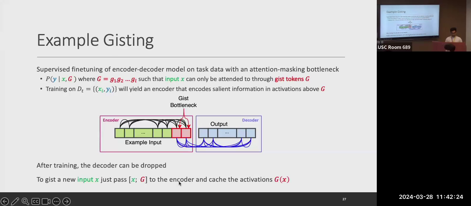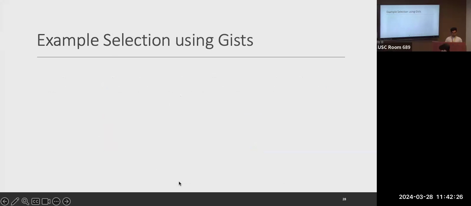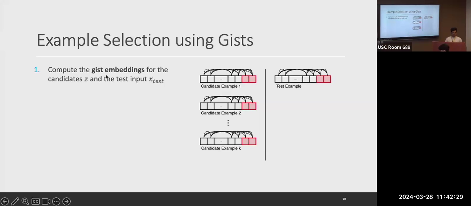So to use this for example selection, we compute the gist embeddings for all the candidates and the test input. The gist embedding in this case would be just the final layer activations that we cache for each input.